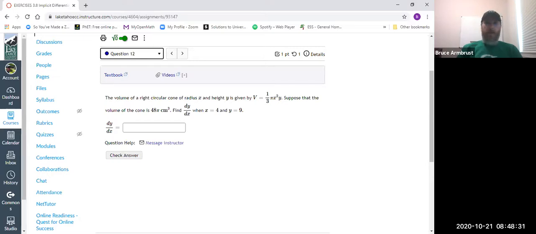So if we've got a set volume of a cone, and we start changing the radius of it, the height is going to change, right? As the radius gets bigger, the height's going to have to go down. If the radius gets smaller, the height will go up. And really what we're calculating here is how quickly that height is changing with changes in the radius. So that's what this is actually asking us to do.